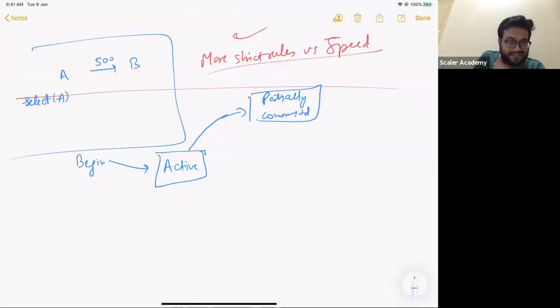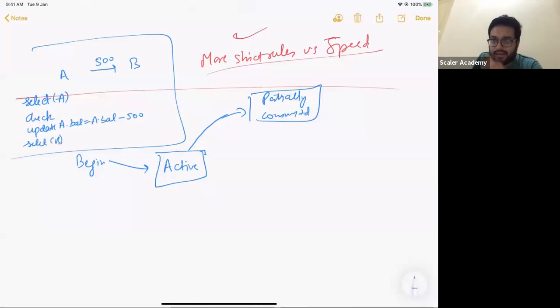Once you select it, you would want to check whether he actually has 500 rupees, or whether he is just wasting our time. Okay. After that, I would want to update the balance of A, and say A.bal = A.bal - 500. Then I would want to check how much money B has.